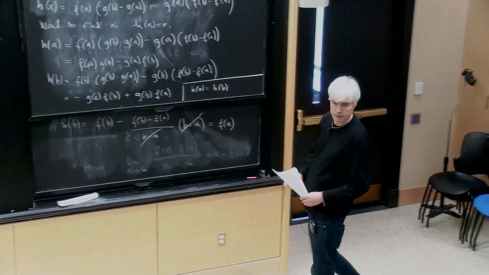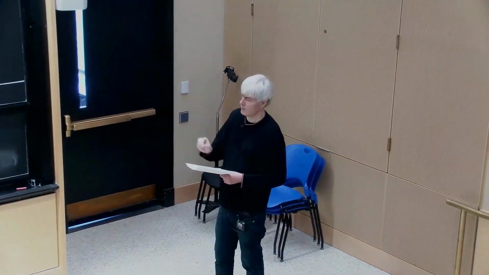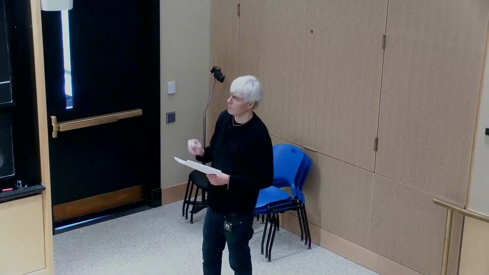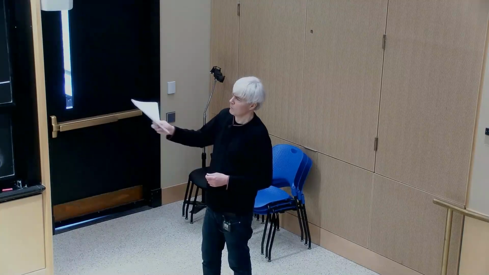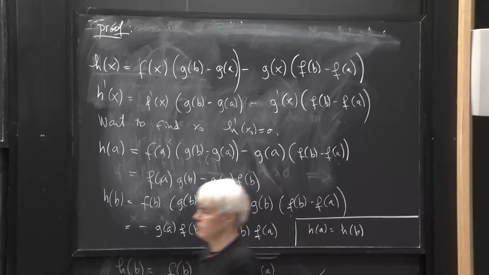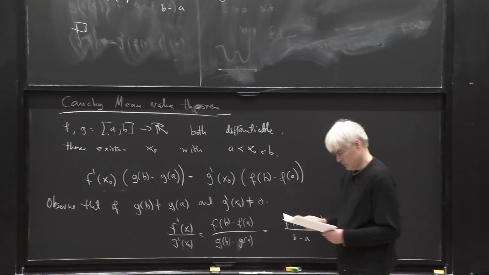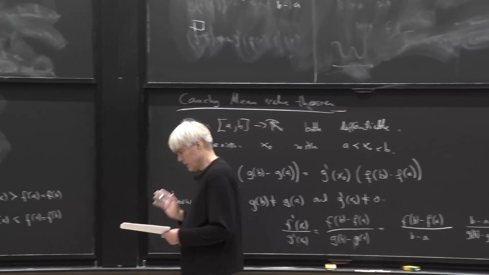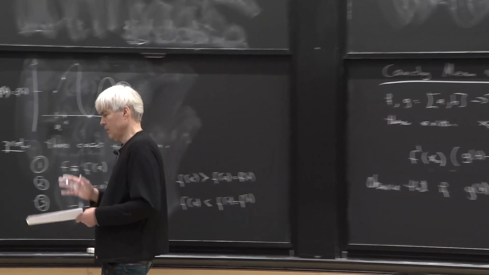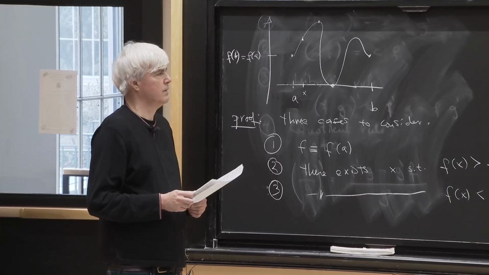So again, it's satisfying the requirement of Rolle's theorem, and so there is this intermediate point where the derivative is 0, but if the derivative of h is 0, that's exactly the point we wanted to find, right, where you have this, right? Okay.